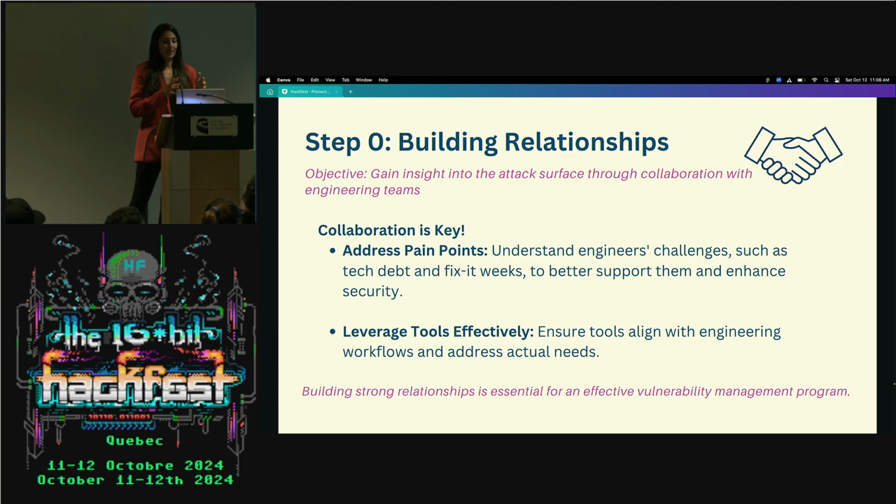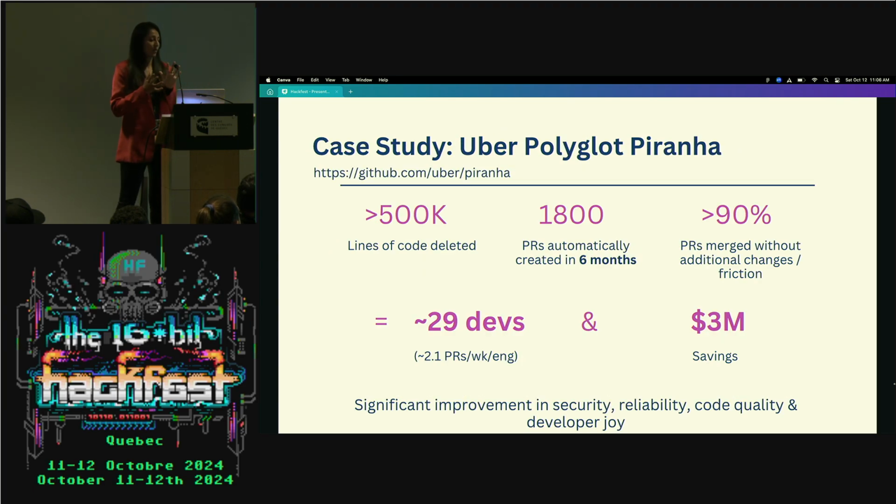Are they spending a bunch of time on tech debt and fix-it weeks to delete dead code? Have you had a lot of code yellows because of, again, tech debt that hasn't been cleaned up? At Uber, we faced a number of security incidents caused by dead code.